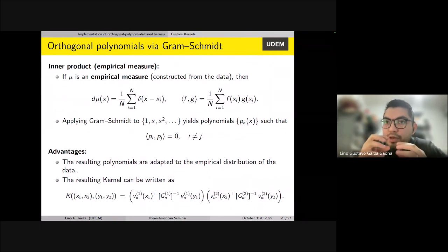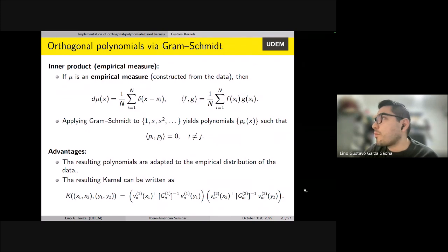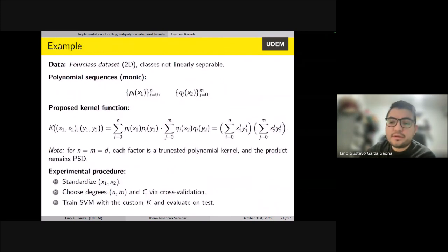So when you get a result, a small number, it means that the points are far away, and reciprocally, when you get a big number, it means that the points are close. So using this, we tried it on a specific data set, which is called a 4 class.